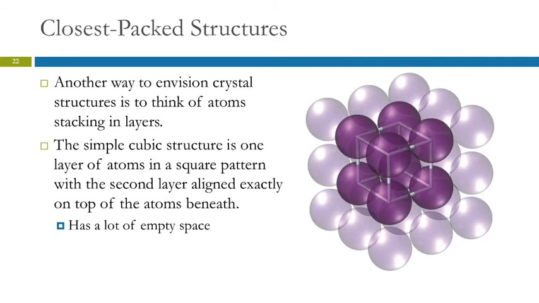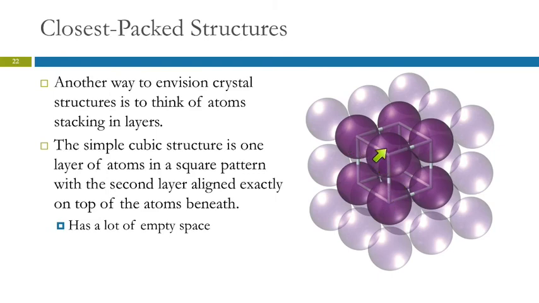Another way to think about the crystal structures is to think about stacking the layers of atoms, or stacking the atoms in layers. What corresponds to the simple cubic cell is where you take a layer of atoms and then the next layer is stacked directly on top.